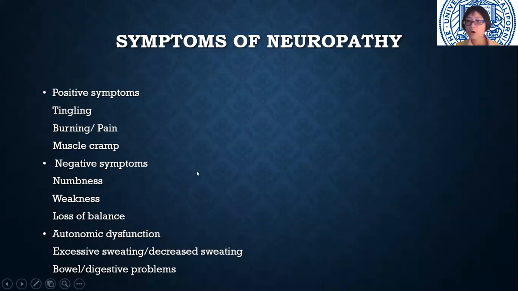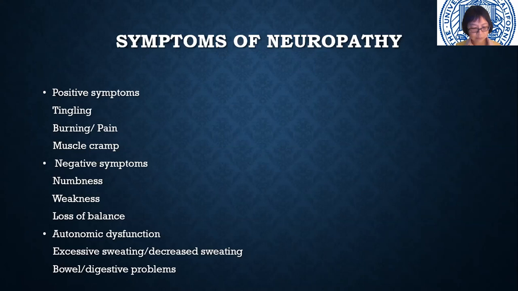But we know all those symptoms are not quite specific, because certain symptoms like pain or muscle cramps could happen in other diseases, not necessarily neuropathy. The sweat gland abnormality is not necessarily related to nerve damage either. As you know, constipation and diarrhea are very non-specific presentations. So it's not very easy to achieve the diagnosis of a neuropathy, right?